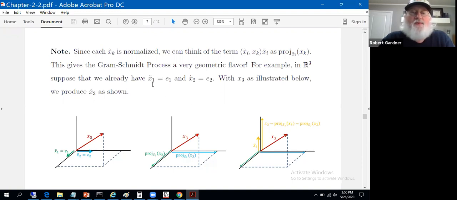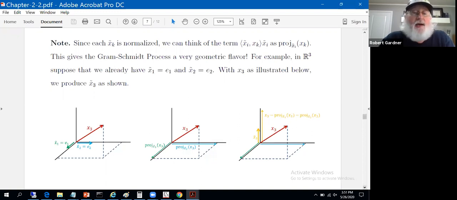Suppose we've already found x1 tilde, and we found it to be the first standard basis vector. We found x2 tilde to be the second standard basis vector to make my pictures a little more manageable. And suppose x3 is given as this vector here.